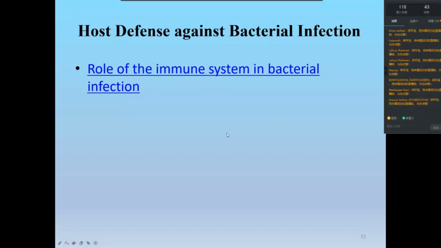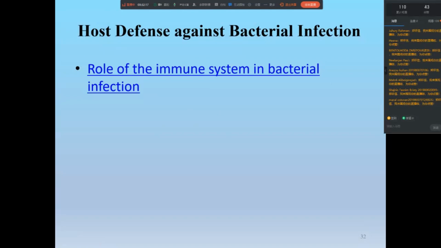So it describes the story when our body is infected by some bacteria, and how the different players of the immune system join the battle to clear out the bacterial infection. That includes the macrophages, T cells, B cells, neutrophils, and also cytokines, chemokines, antibodies. A lot of players together. They join the battle one by one, and finally they can clear out the bacterial infection. Okay, I really like this video. It's very nice.